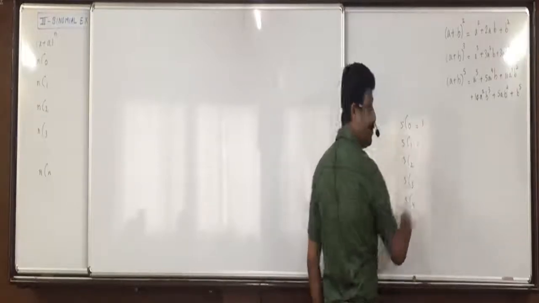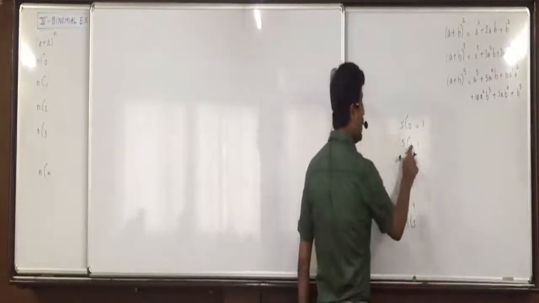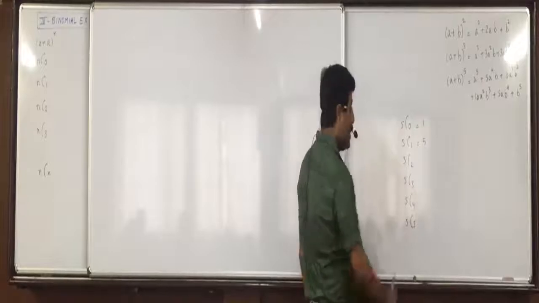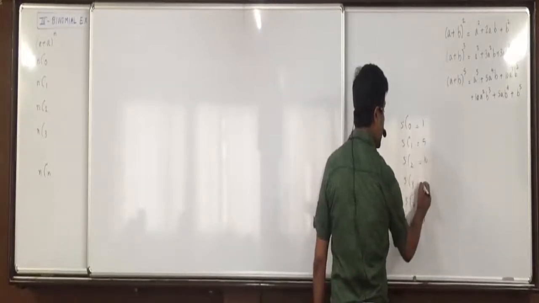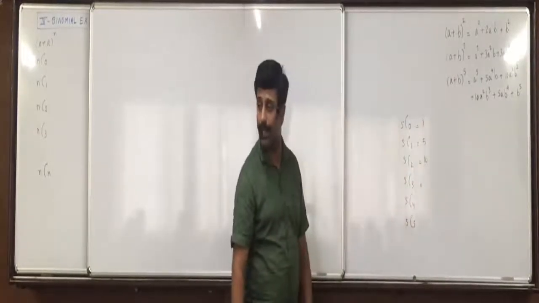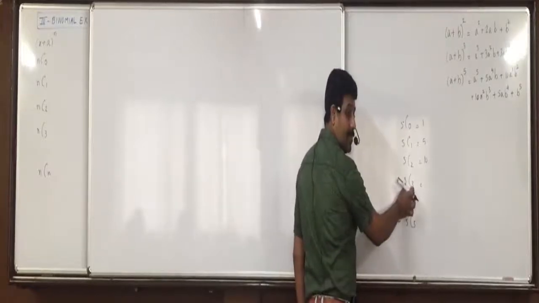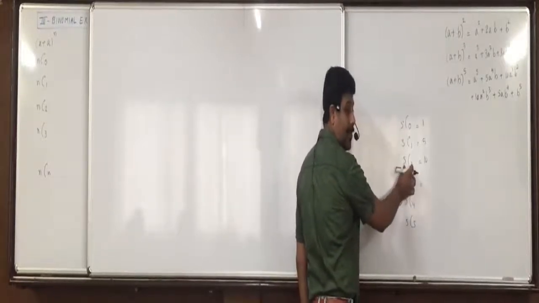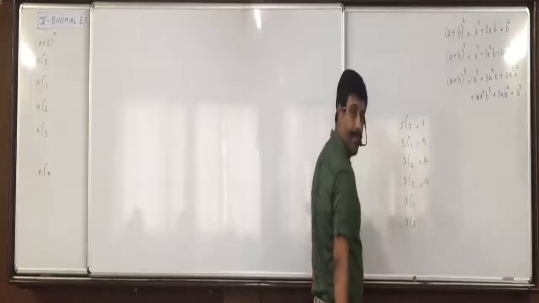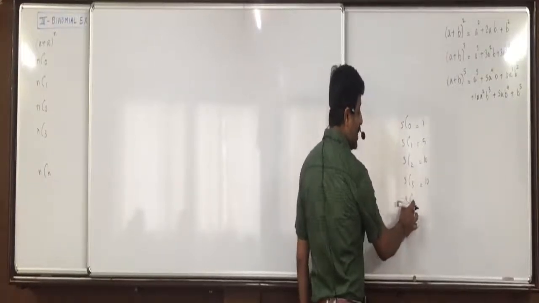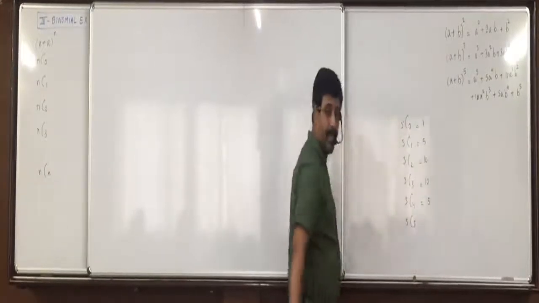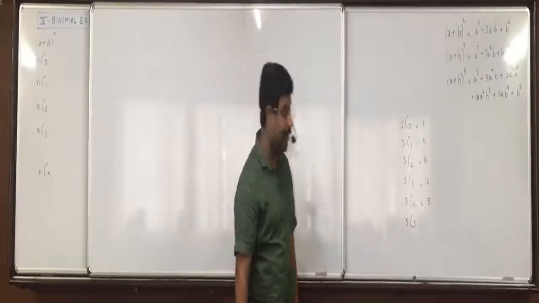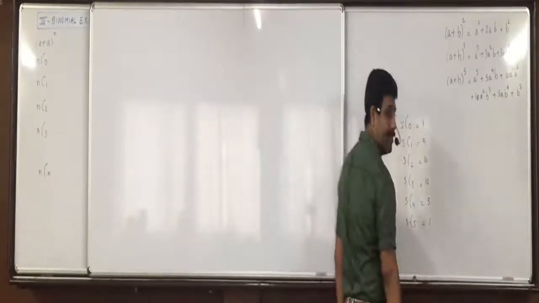For example, nC0 is 1, nC1 is n. 5C2 we have solved in past questions, it is 10. 5C3 will be equal to 5C2, that is 10. 5C4, nC(n minus 1), is also n, so 5C4 will be 5, and nCn is 1.